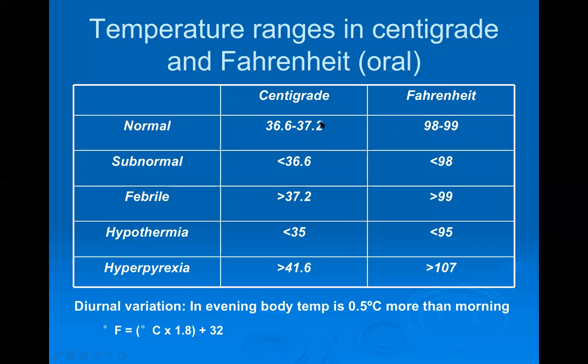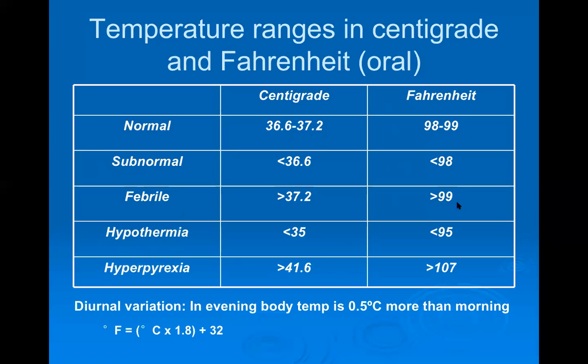You have to remember either one of them, both are not necessary. Subnormal is when it is less than 98. Febrile, see there. Now, if we take the temperature from the rectal route, it is 100.4 degrees Fahrenheit. But if we take it from the oral route, more than 99 is diagnostic of fever.